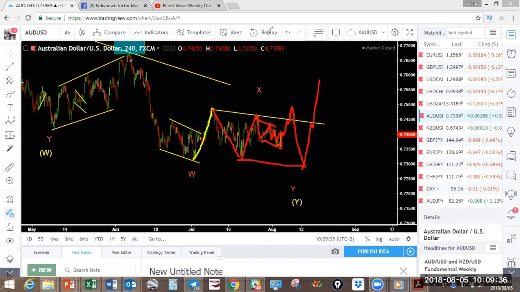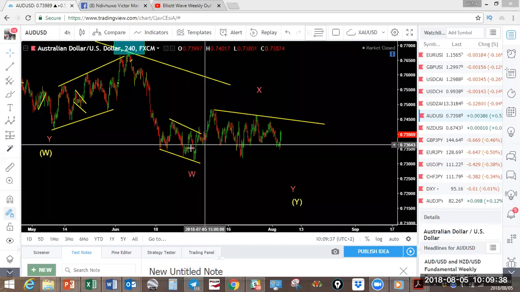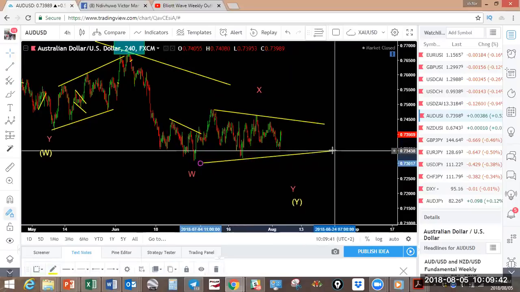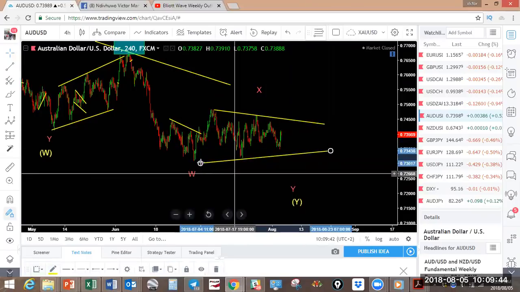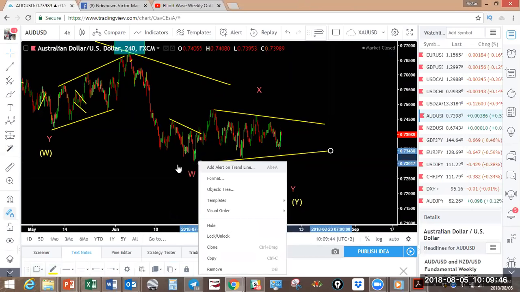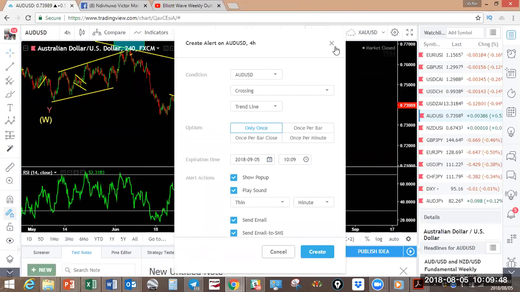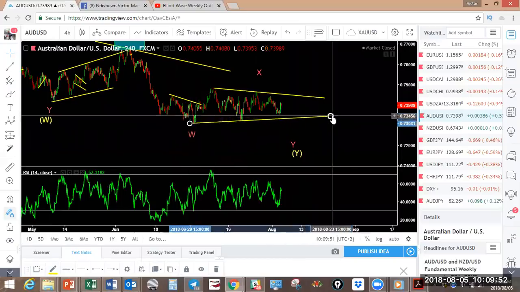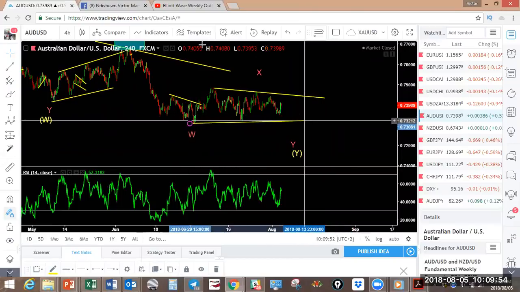However, there is a likelihood that this is a triangle and this is playing out something like this. And if it is a triangle, nothing changes. It will still be a continuation pattern to the downside. So keep an eye on this one.